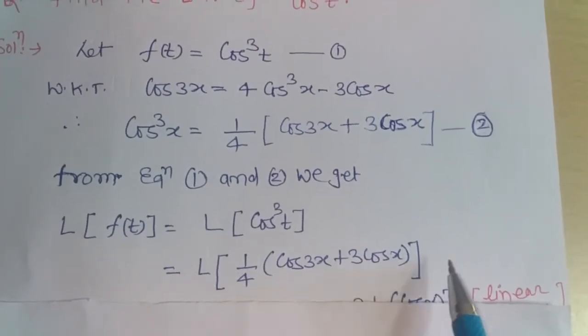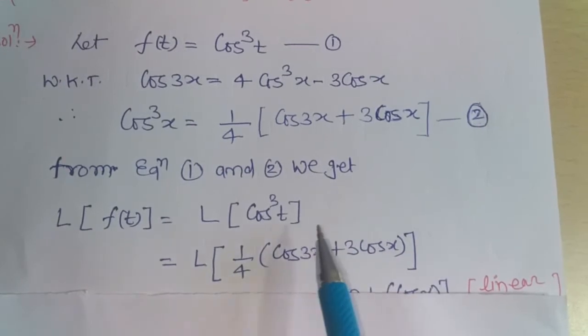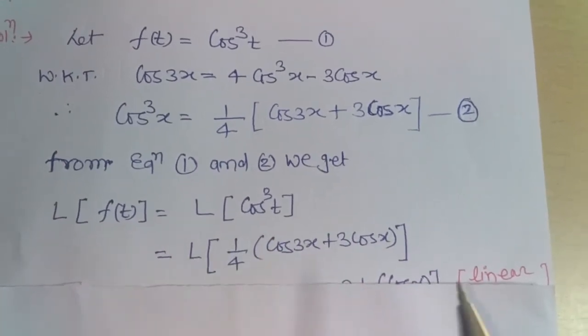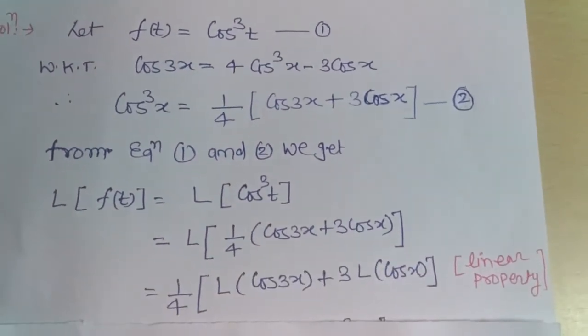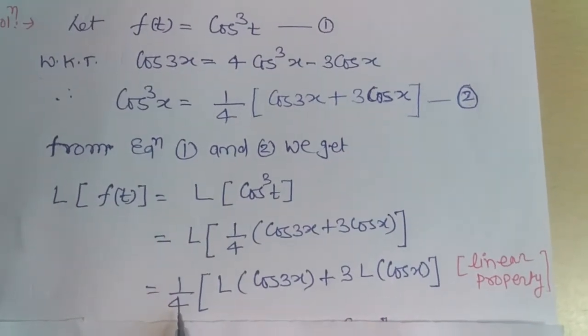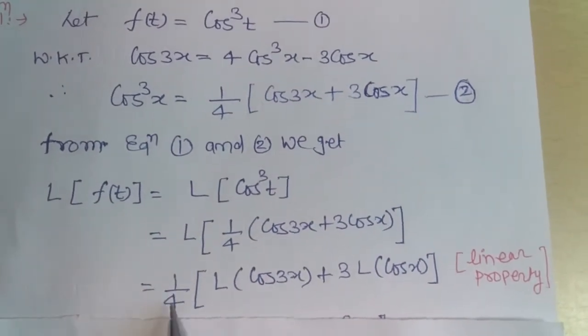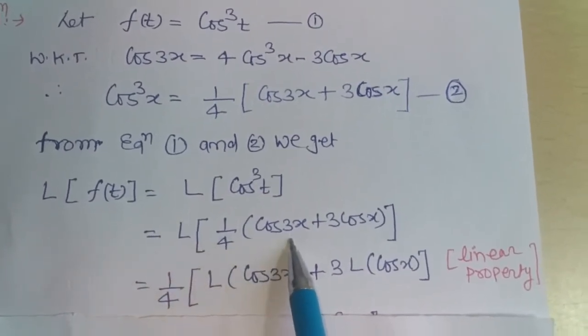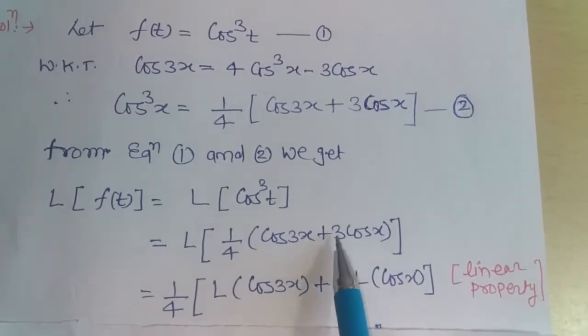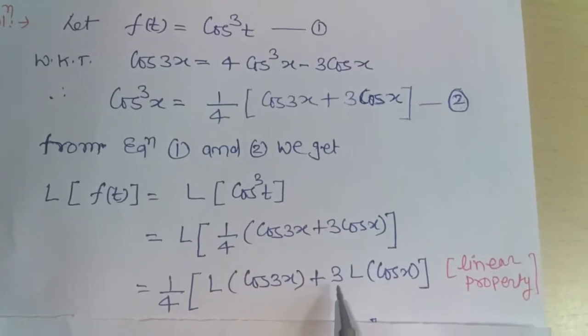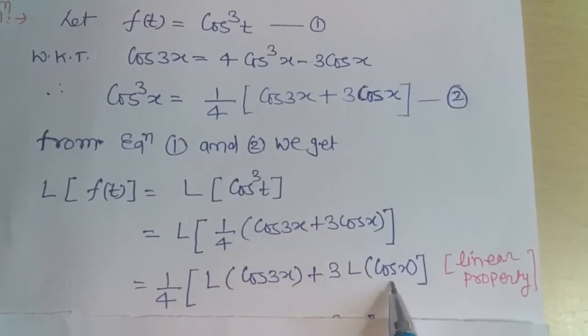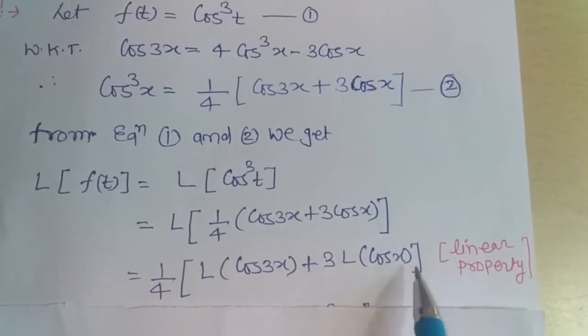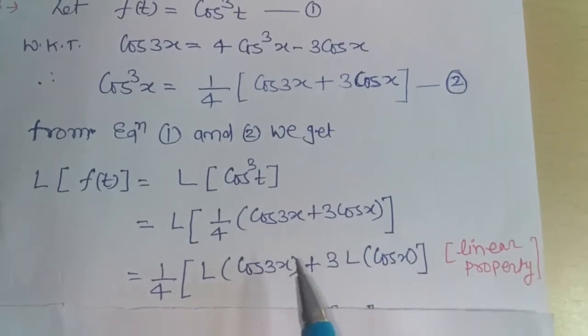Now using the linear property of Laplace transform we get 1 by 4 constant multiple into Laplace transform of cos 3x plus here 3 is constant multiple, so 3 into Laplace transform of cos x, using the linear property of Laplace transform.